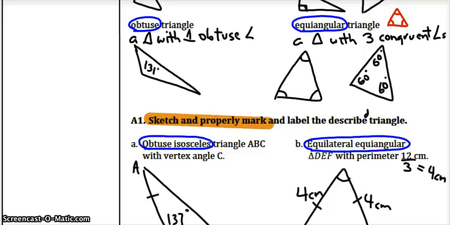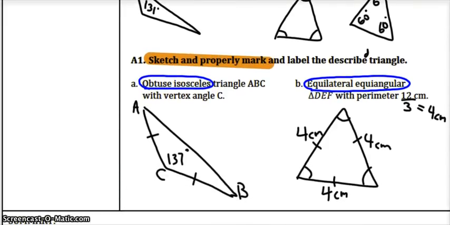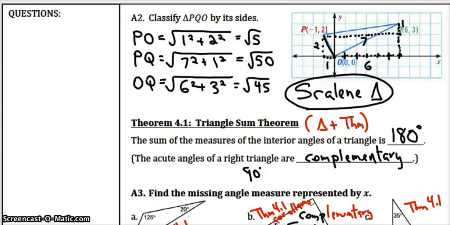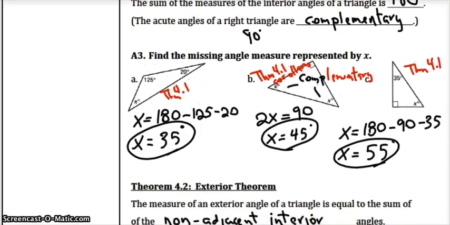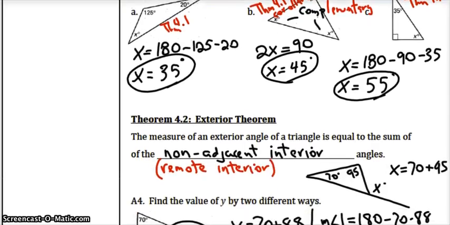Sketch and properly mark. As we keep going here, that's another classify, that's important. This was huge. And the missing angle measure, that's a huge thing. Again, we don't want to highlight everything, but really the main ideas here.